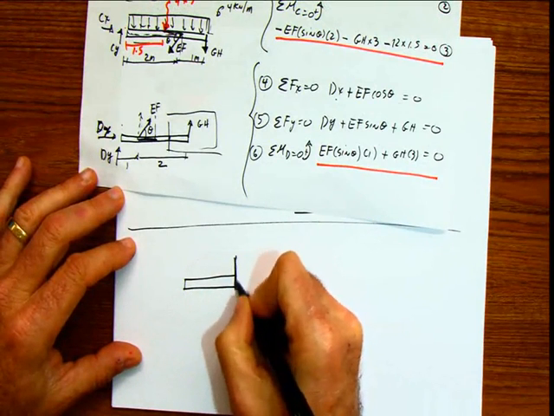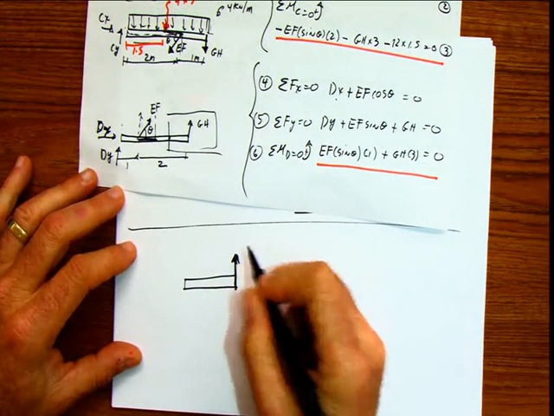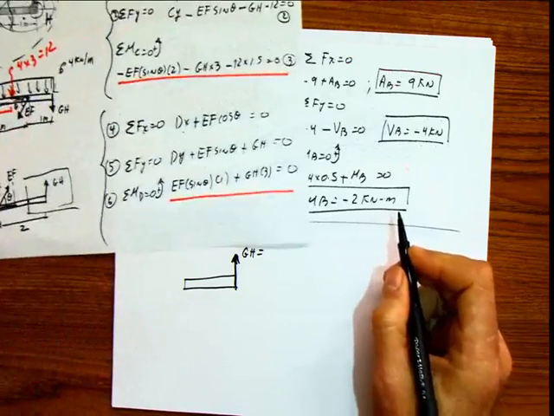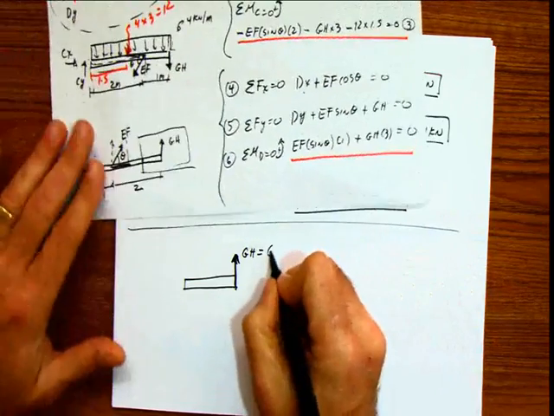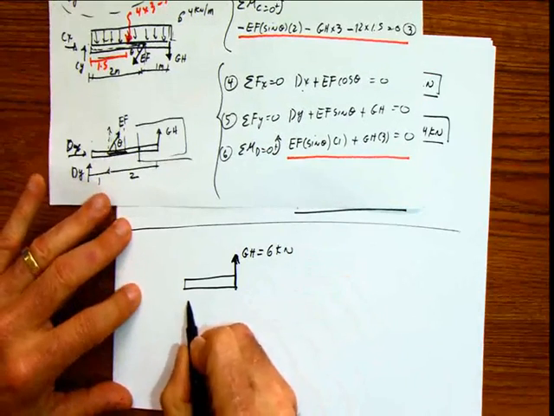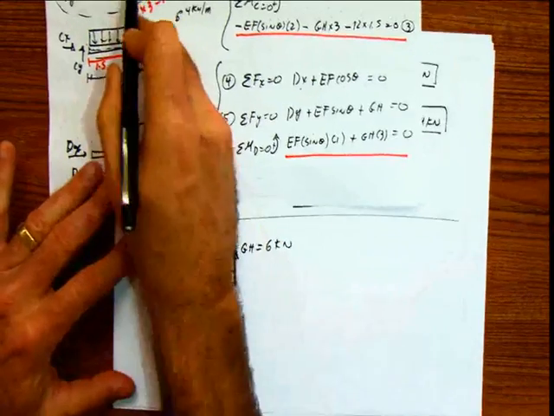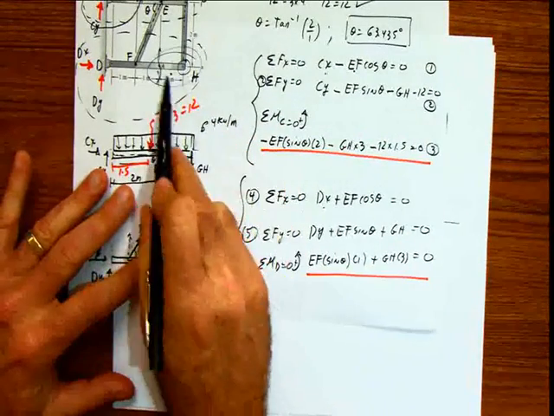This is my force at that end, GH. How much was GH? 6. This distance from here to here is 1.